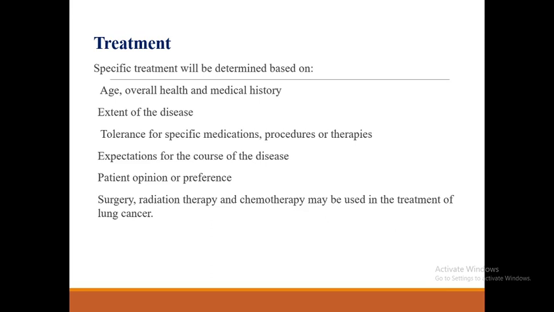Sometimes a patient may not prefer a surgery. They prefer palliative care or another method. So, based on the patient's preference, surgery, radiation therapy and chemotherapy may be used in treatment of lung cancer.